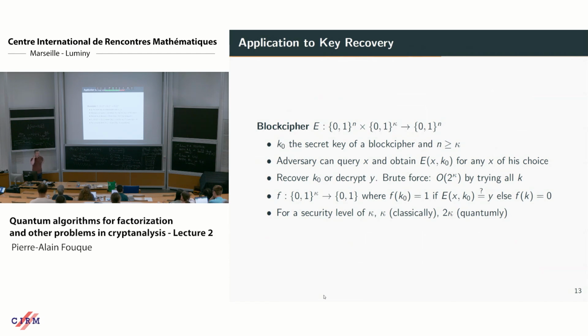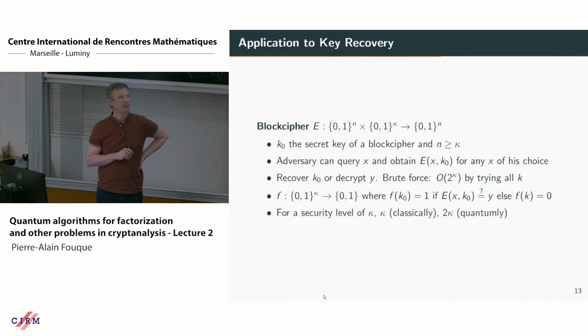You can have 128-bit keys if you think that the quantum computer will not arrive; you are safe with 128-bit keys. But if you expect that it will, you have to use 256-bit keys. Okay? There are some other applications, but I think that I will stop here if you have any questions.